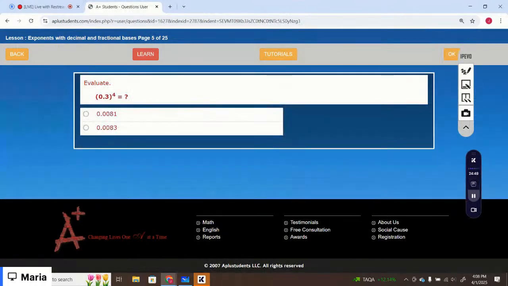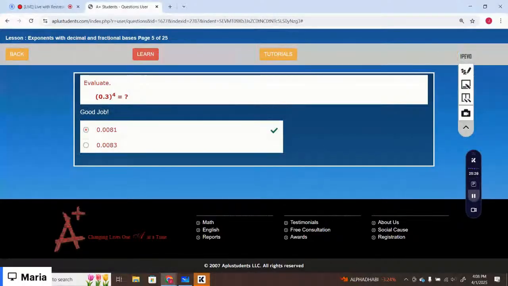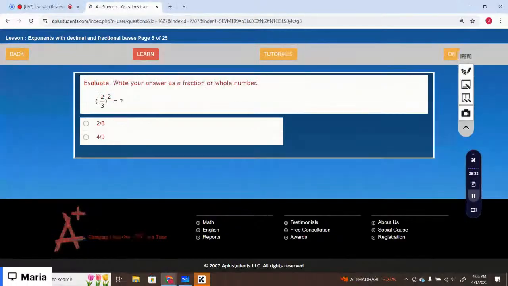0.3 exponent 4, so which is the correct option? Option number 1 is the correct option, that is 0.0081.